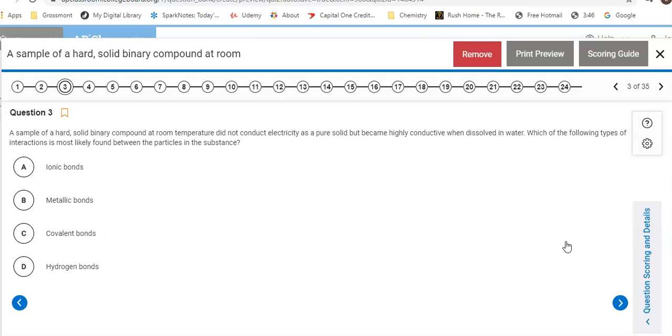There's no way to transport electrons. But when you dissolve salt in water, you have Na+ and Cl-. You have ions, and that will conduct electricity. So what they're describing here is an ionic compound. So which of the following types of interactions is most likely found between the particles? And the answer to that is A. And that's an ionic compound.